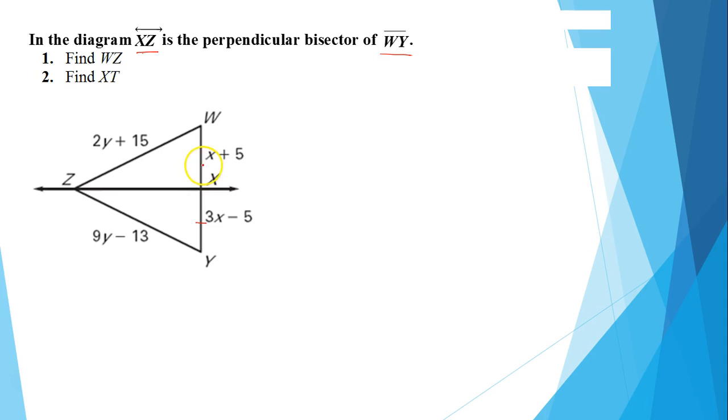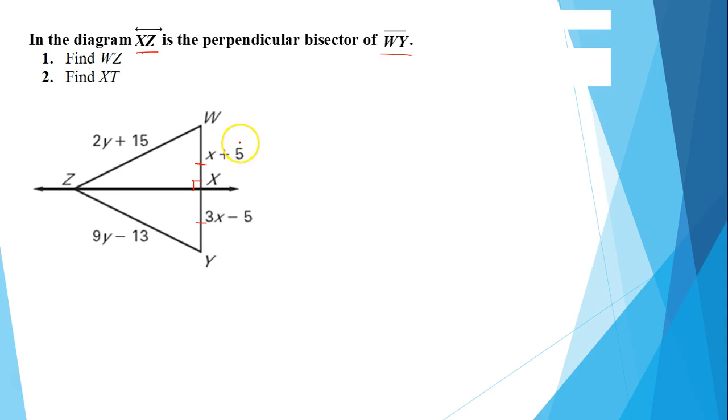So these two segments are congruent to each other. And this intersection right here is 90 degrees. So this is what makes ZX the perpendicular bisector of WY.